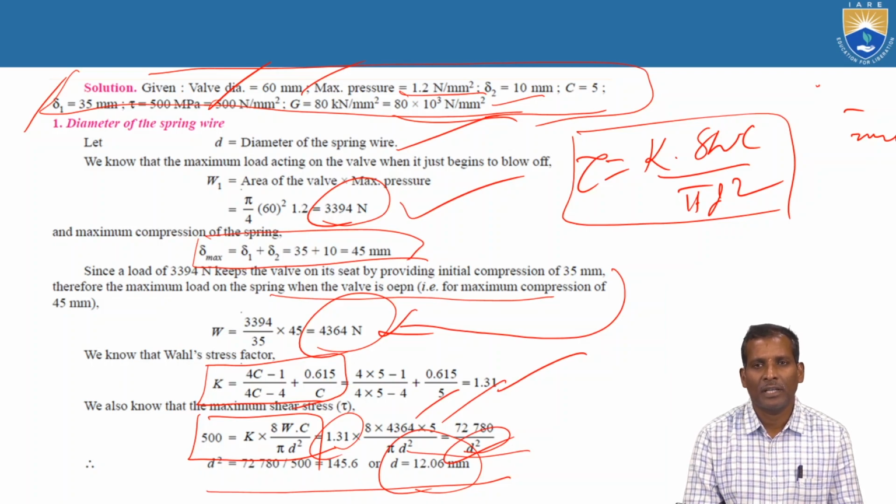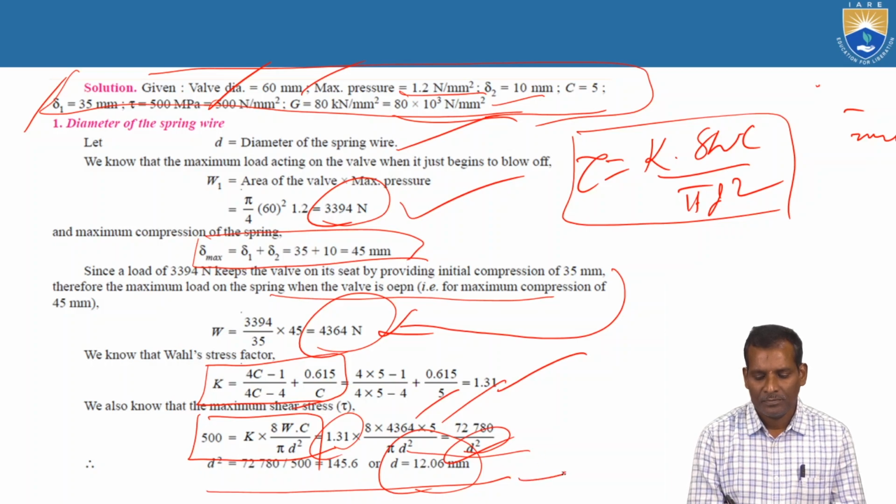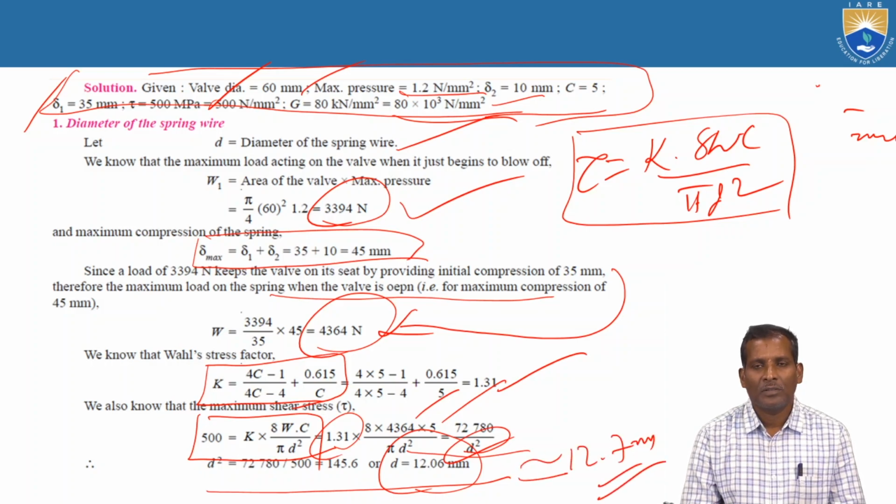This value you can take from the standard values in the design data book, as per SWG 12.7. So refer to the design data book and fix the standard value diameter of the spring coil.